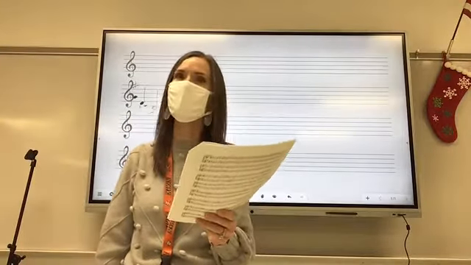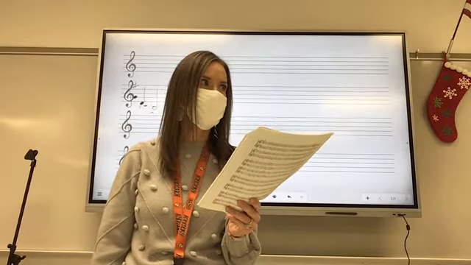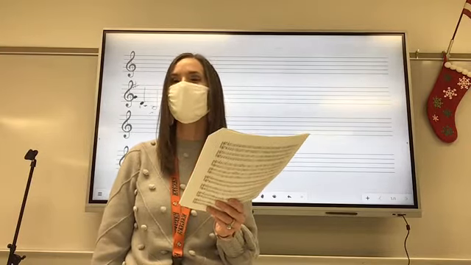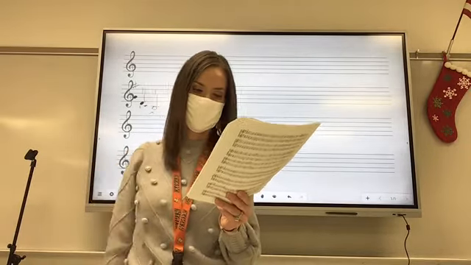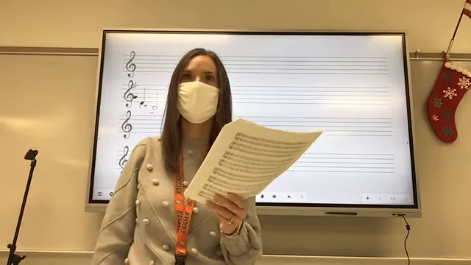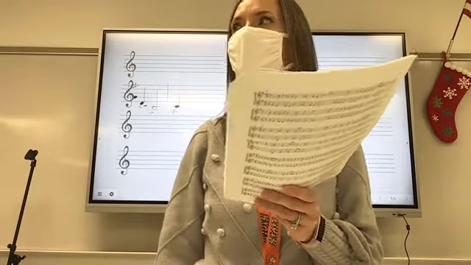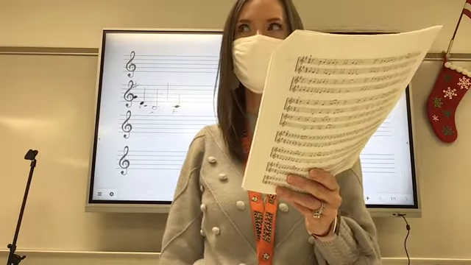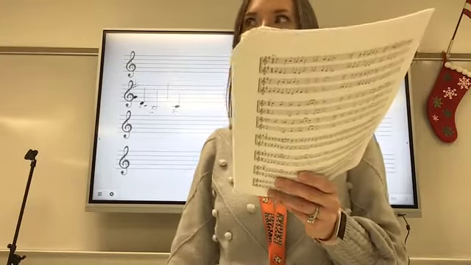Do we see any other skips? Keep looking. Don't stare off into space. Look at your sight reading. Where is the next one? Yes, ma'am. Measure 6 of the second line. So to low so to do. Low so to do. Very good. And do we see any other ones? There's one more. See if you can find it. Thank you to those of you that are actively looking.